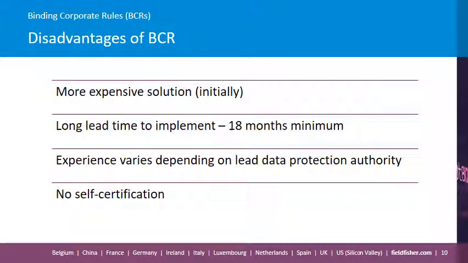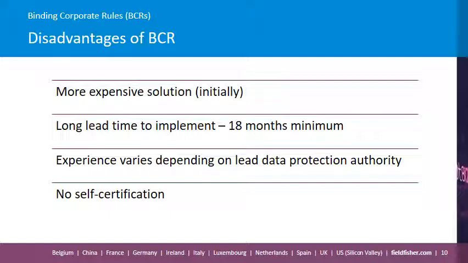So what are the disadvantages of a BCR? Well, there's no denying it will be time consuming, and it can be an expensive solution initially, both from a resource and a cost perspective.